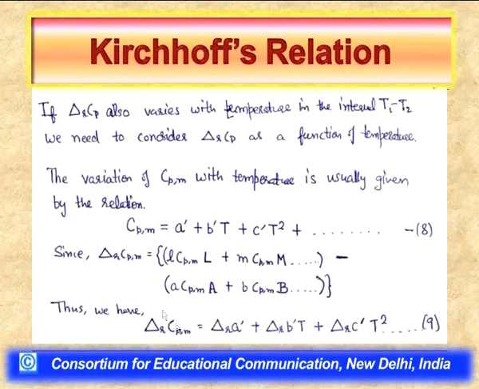So delta R Cp, if it varies with temperature, we have transformed the equation and we have specified the delta R Cp as a function of temperature using the difference between constant characteristics of chemical species.